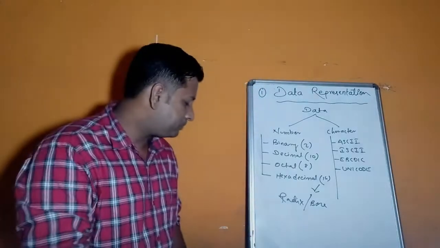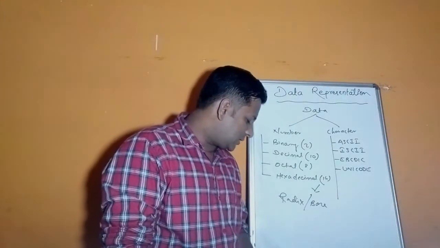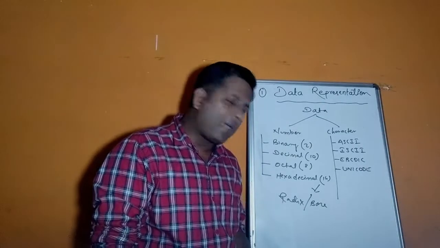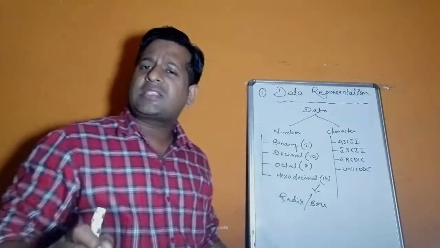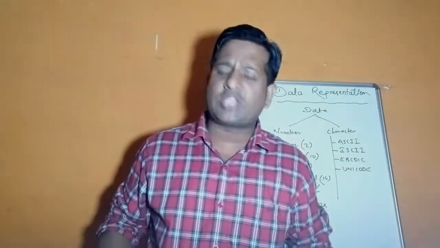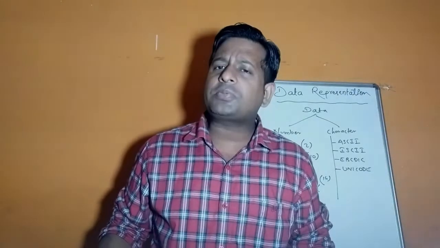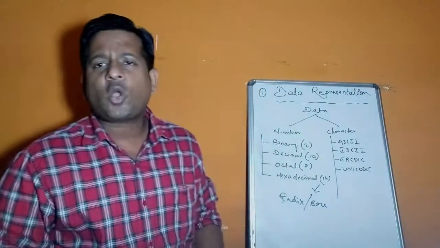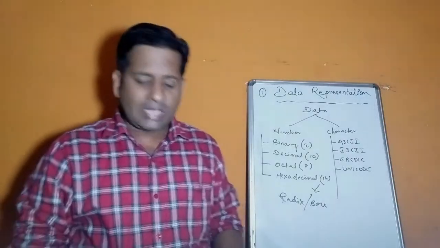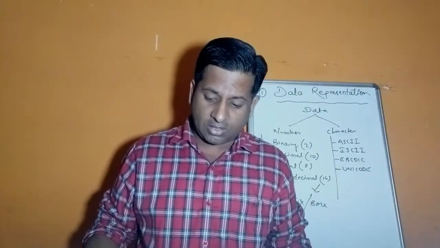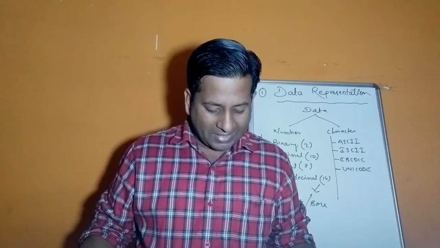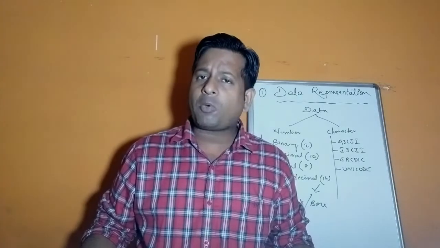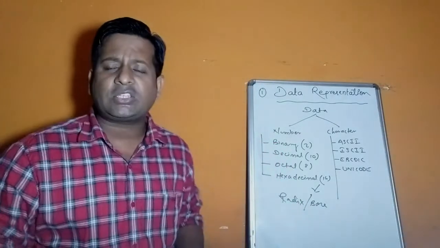So children, ASCII, the full form as I have already told you, is American Standard Code for Information Interchange. It is 7-bit. 7-bit means the maximum characters it can hold is 2 to the power 7, that is 128 characters.